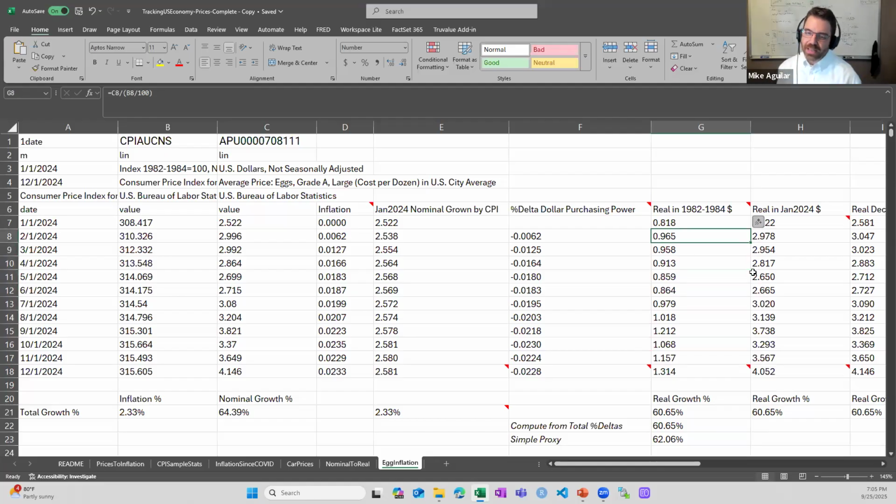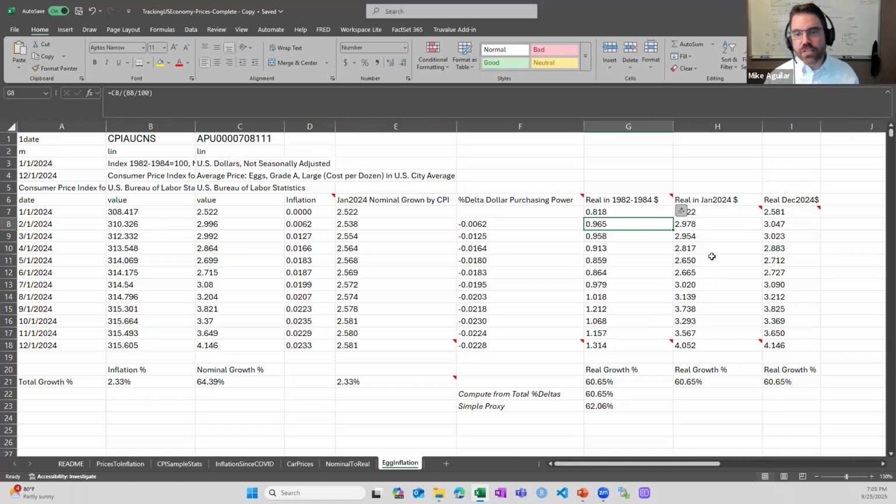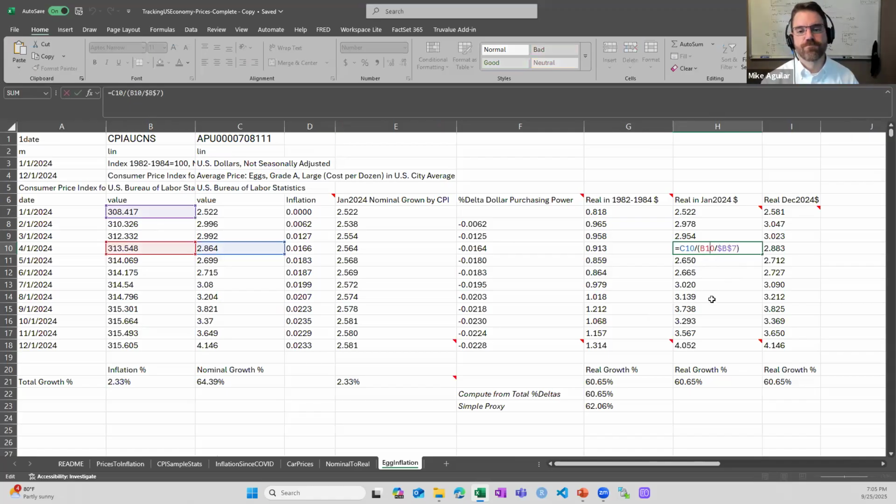I wonder though if that's really telling a good story, because that's referencing all the way back to 1982-1984. Another way to do it is to actually change the base year. So let me zoom out a little bit and let's use January 2024 as the base year. So C10, what's C10? C10 is going to be egg prices in time period T, that's April.